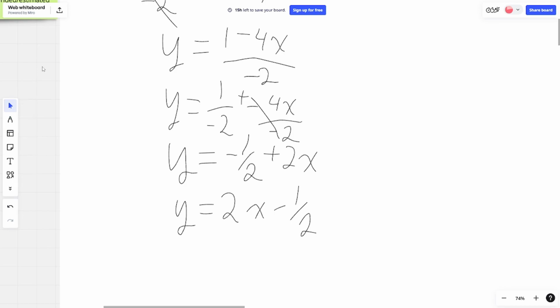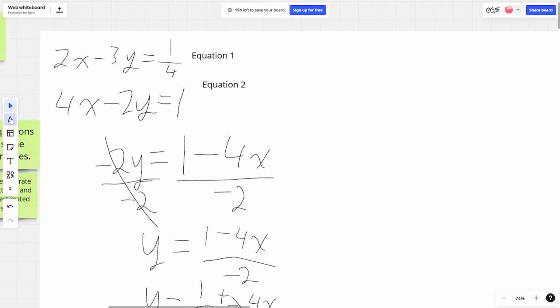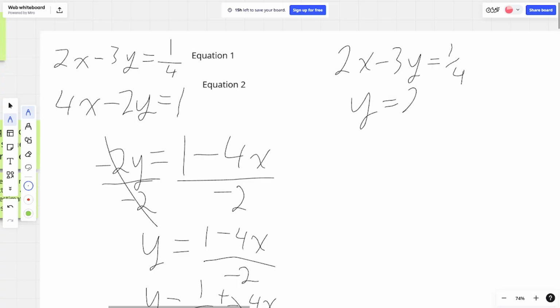We can just substitute y is equal to 2x minus 1/2 into our first equation. So I'll go ahead and do that. 2x minus 3y is equal to 1 over 4. And we have to substitute y is equal to 2x minus 1 over 2.